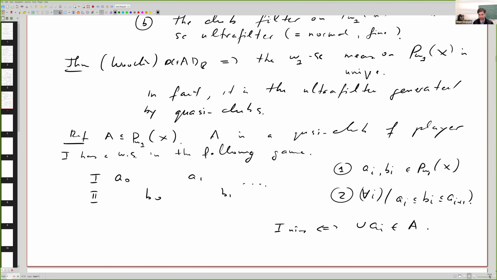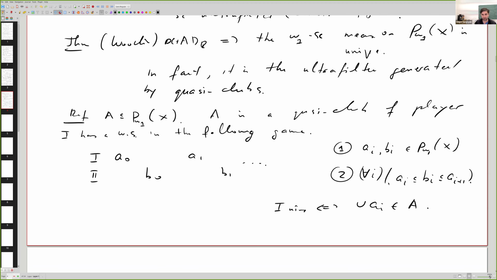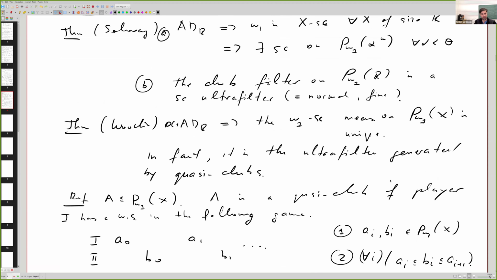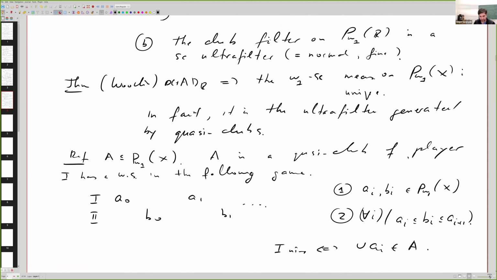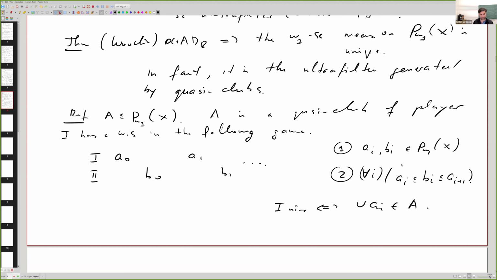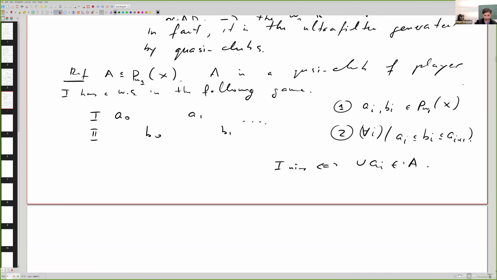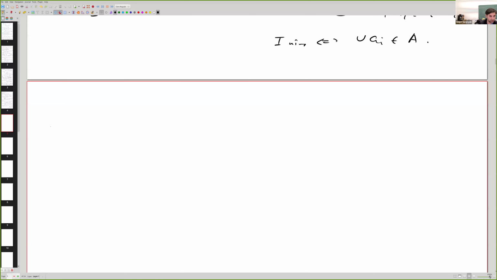And so what do we want to know? So there are the supercompactness measures. They are unique, right? If they are unique, they are ordinal definable. And they have this particular definition, so they're quasi-clubs, right? Now the conjecture is, well, let me just put a remark first.